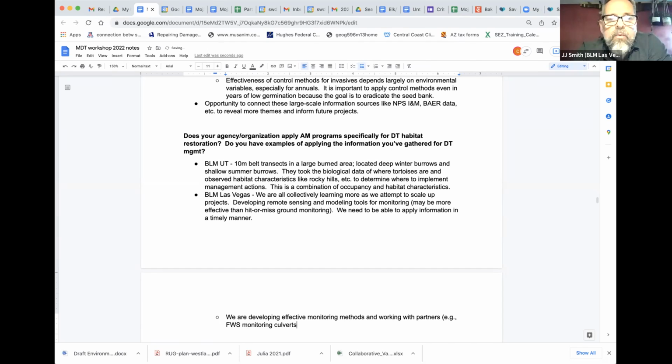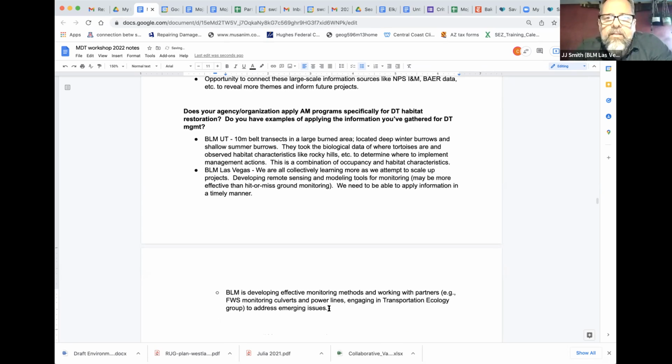Those are a big push with our wildlife biologist, Evan Myers, and others. And those have been very responsive, I think, to emerging issues and more information as various groups, like Flo's transportation ecology group and others, are looking at these issues. But again, from a comprehensive standpoint, we still don't know exactly where on the landscape are the best places to make decisions based on this information.